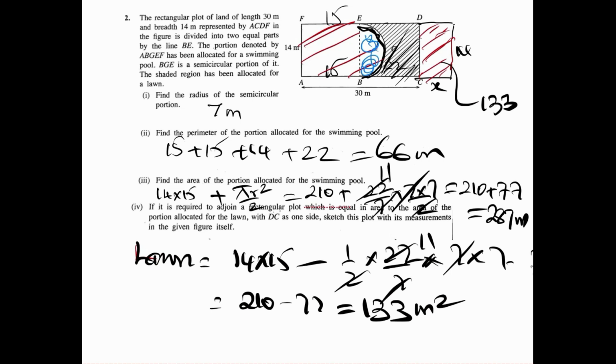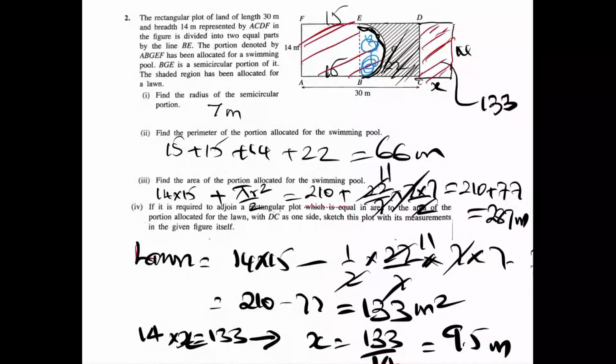I'm going to call this part x, so 14 times x is equal to 133. X is equal to 133 divided by 14, which is 9.5 meters. So that part is 9.5 meters, and that's the final part of the question.